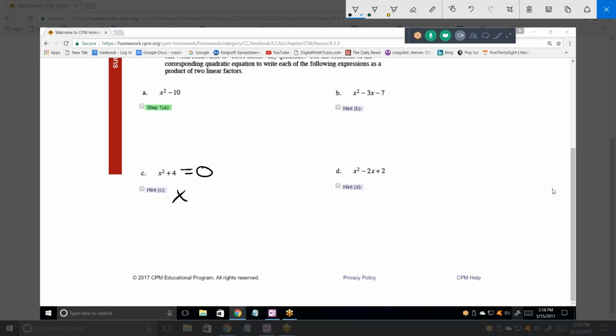What are my solutions? Actually, it's x equals plus or minus the square root of negative 4, right? Because the first step is I get x squared equals minus 4. Take the square root of both sides. Whenever you take the square root of both sides, start your answer with the words plus or minus. So now x is equal to plus or minus, what's that?